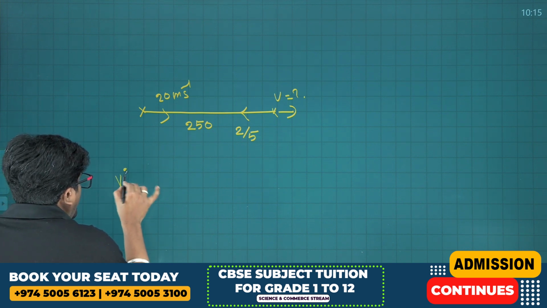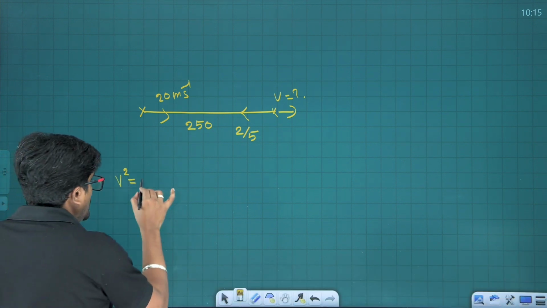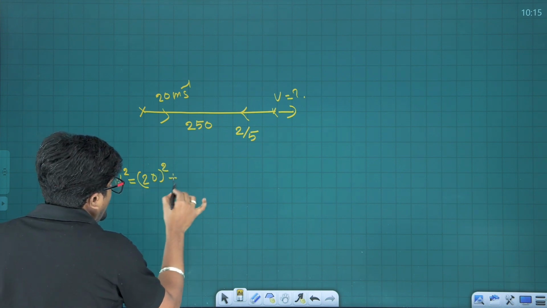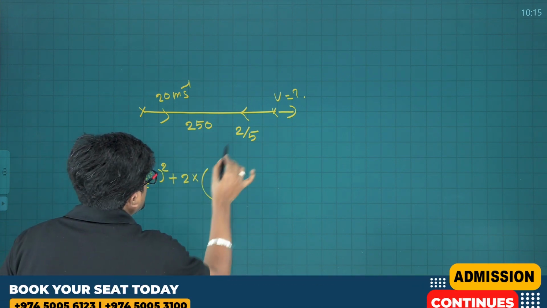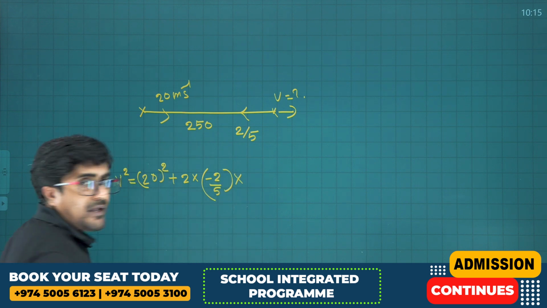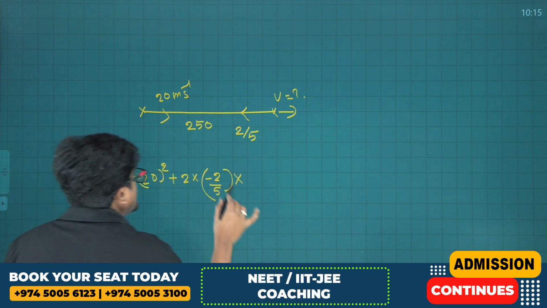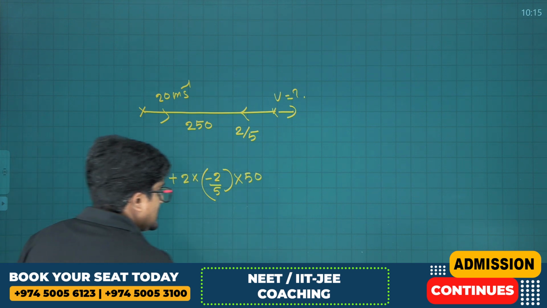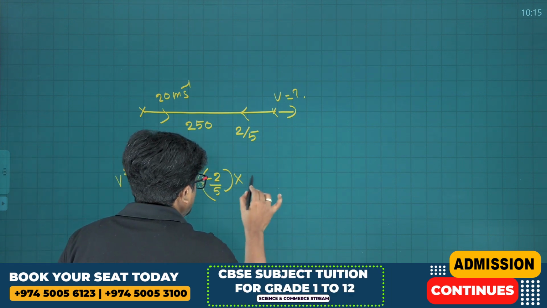So v square, again the same equation, v square equal to u square plus 2as. U square is 400 plus 2 into acceleration, which is minus 2 by 5, into the distance left, which is 250.